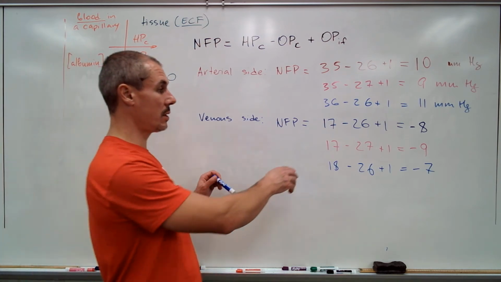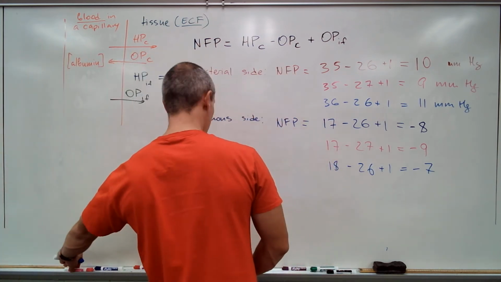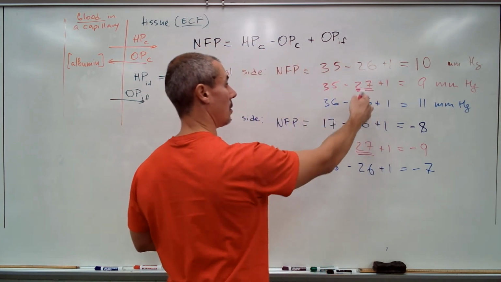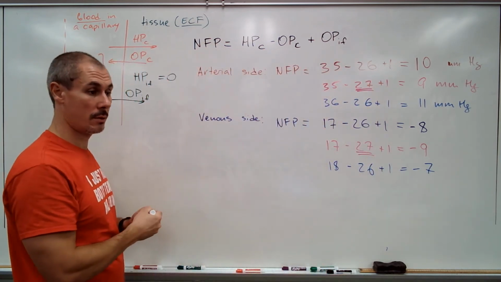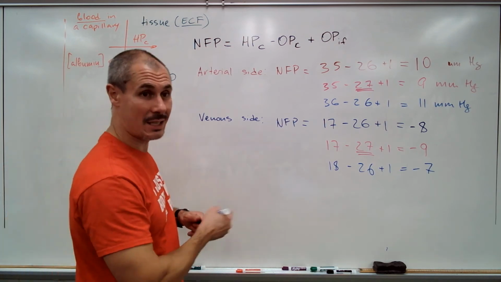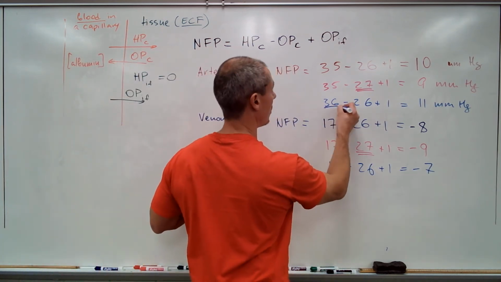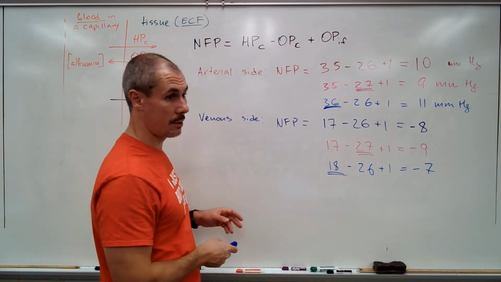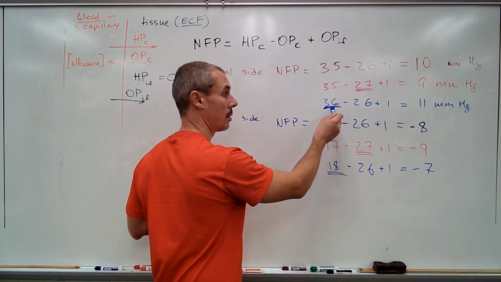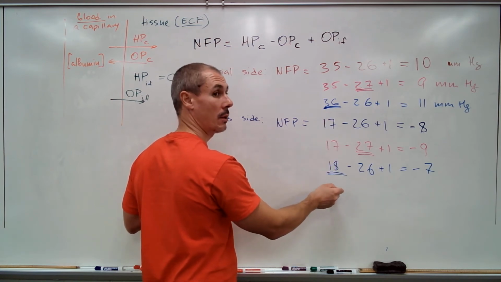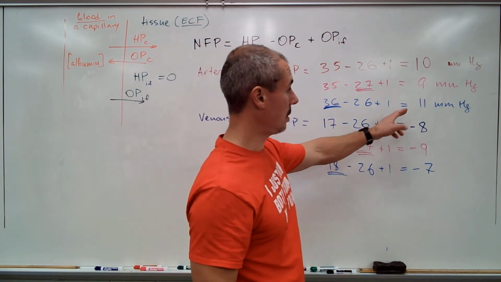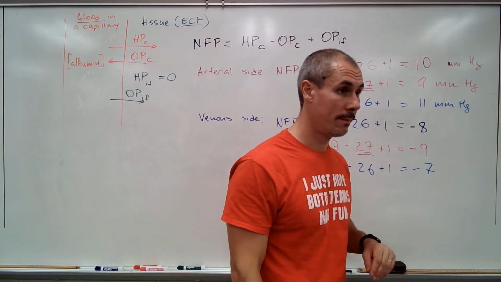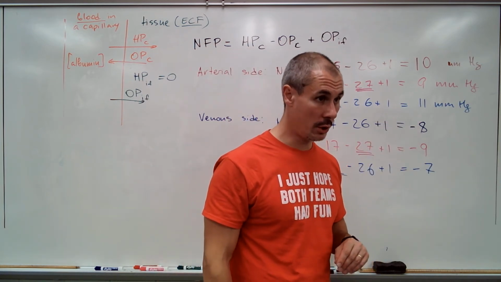So basically, in the previous example, I changed osmotic pressure. In this example, I changed hydrostatic pressure. So look at this, 36, 18. The difference now is not 2 millimeters of mercury, but 4. Okay, good?